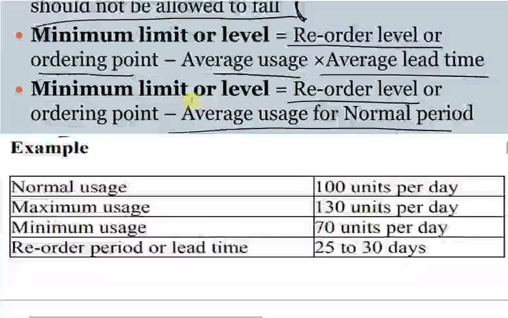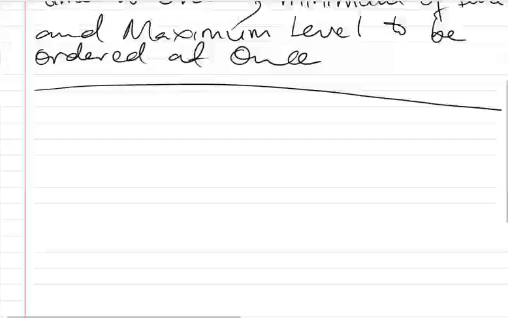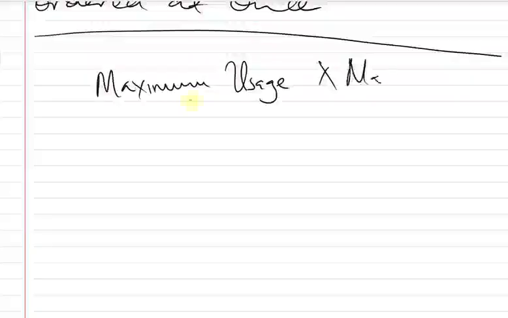So what is our reorder level? We need to find our reorder level first. Remember, reorder level is the maximum daily or weekly usage times maximum lead time. So let us find our reorder level or reorder point.